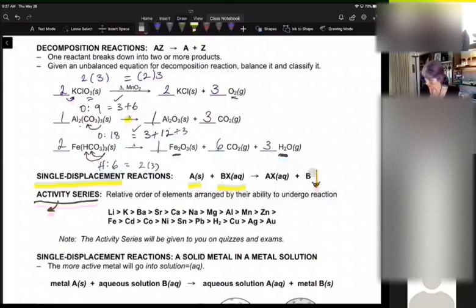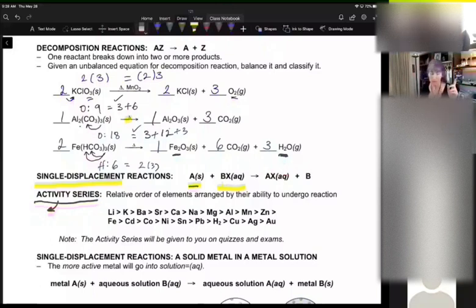So we will see this reaction happens when A is more reactive, more active than B. By active, I mean it likes to be aqueous. I'll make that a 2+ aqueous, right? So instead of being solid, it will react and go into the solution, so it's moving more. Maybe it's more active. That's one way to think about it.